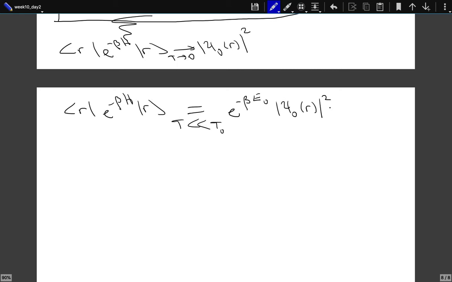Now, if the ground state energy is not 0, by looking at how this expression changes as a function of beta, as you change the temperature at very low values, you can determine the ground state energy of your system.